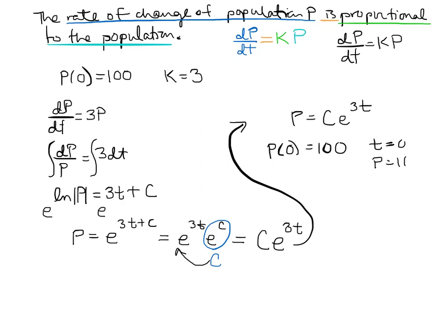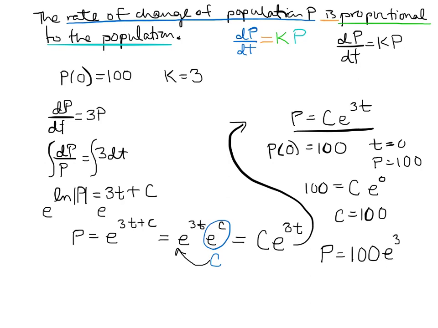So P is 100. So I'm going to plug those 2 things into this equation. When P is 100, c e to the 0, e to the 0 is 1, so this makes c 100. And so the solution to this differential equation is P equal to 100 e to the 3t.